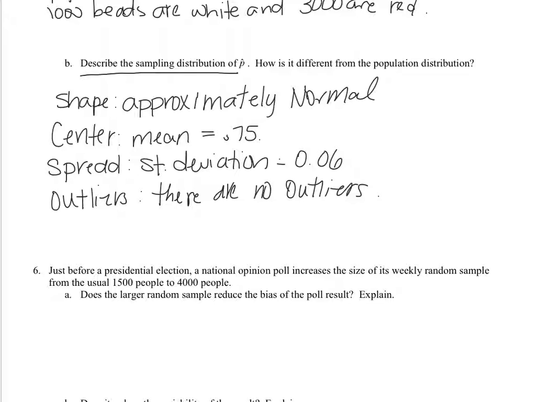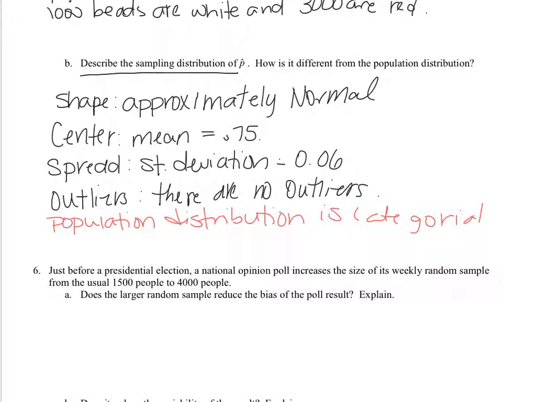So the population distribution is categorical, whereas the sampling distribution is numerical.